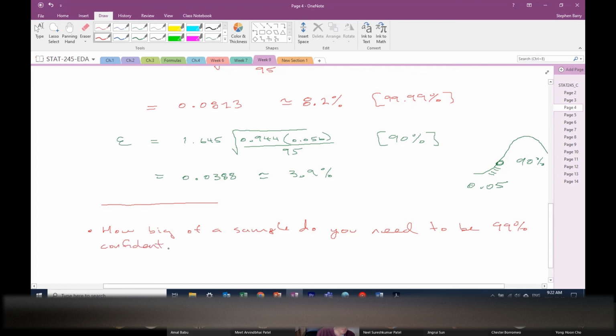And you can also establish the error, right? How big of a sample do you need to be 99% confident that your error is within 1%?